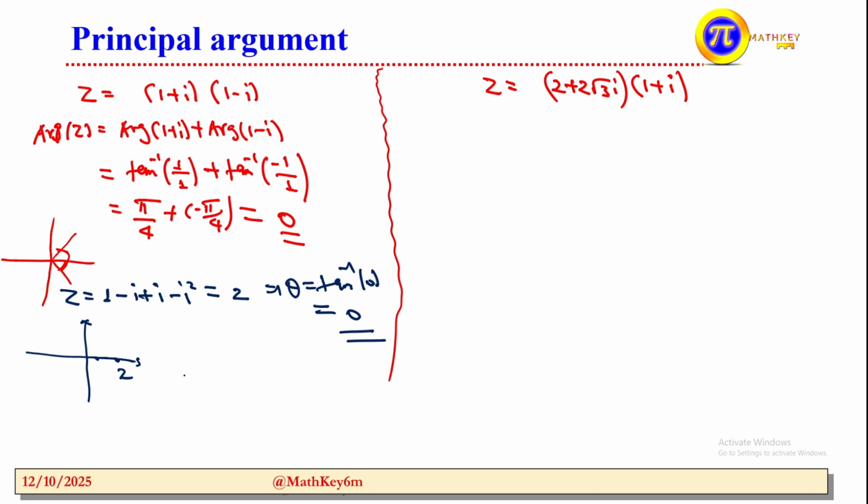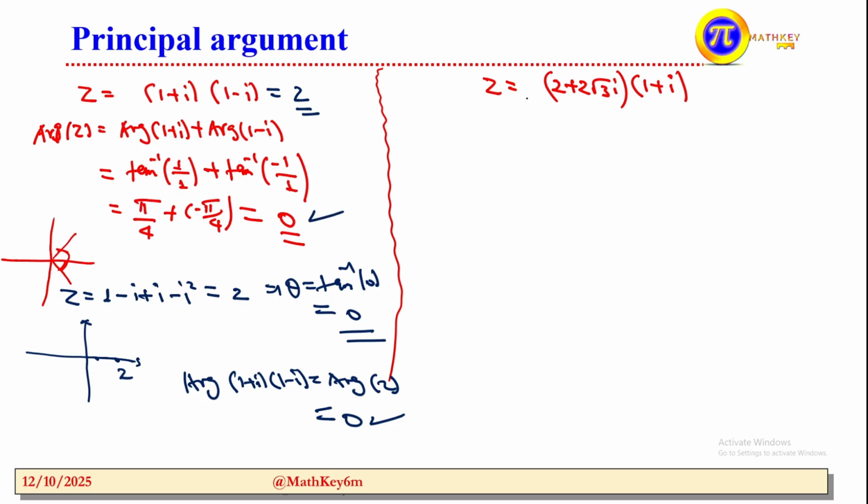So the argument of 1 plus I times 1 minus I is equals argument of 2. Why? Because z is equals 1 plus I times 1 minus I, which is equals to 2. Since it is 2, the argument of this is argument of 2, that is equals to 0. What did we obtain? The same solution.